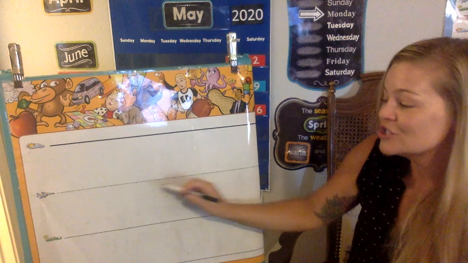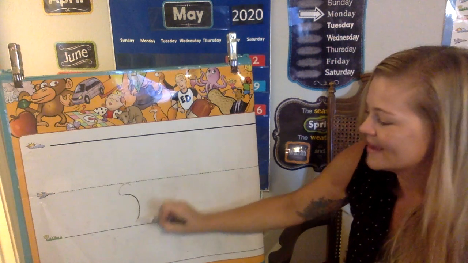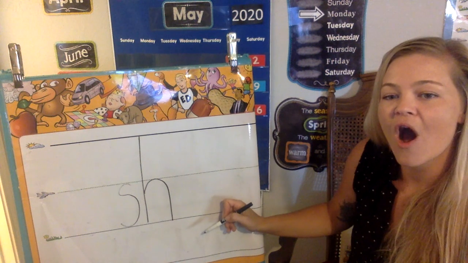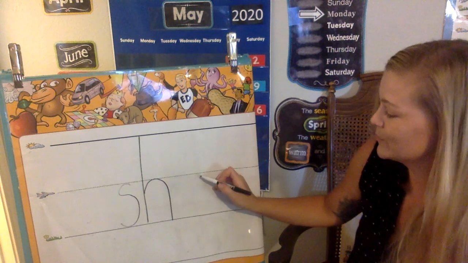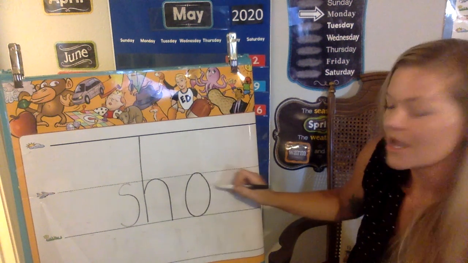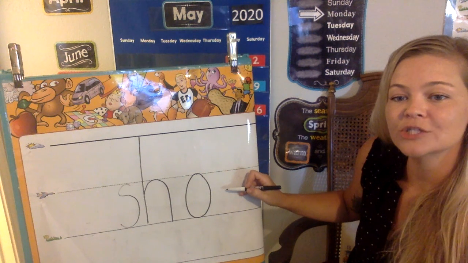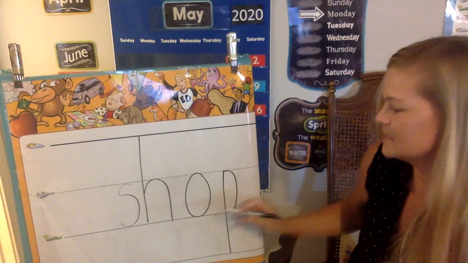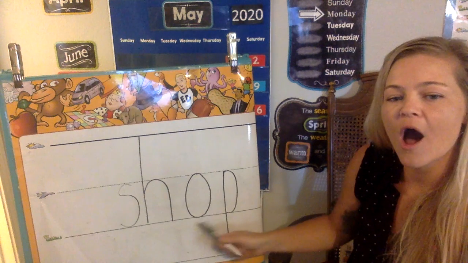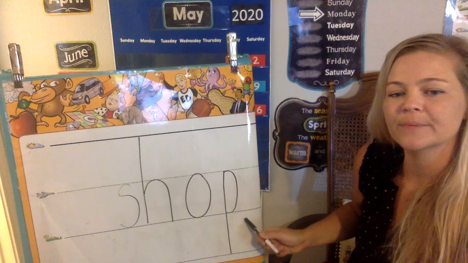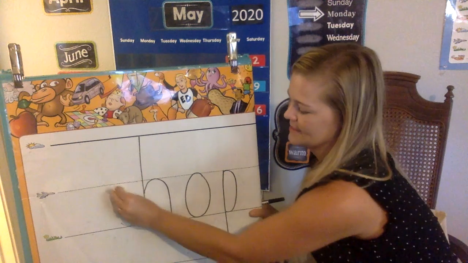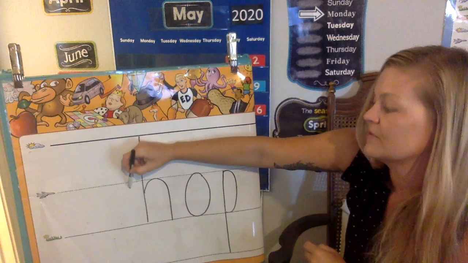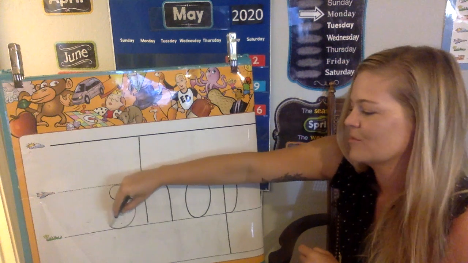Let's spell it. Sh is an S, and then an H. Aw. That's an O. Shop. That's a P at the end. So we spelled shop. Okay, let's erase that one. Or actually, before you erase, if you already did erase, sorry, go ahead and write the word again.